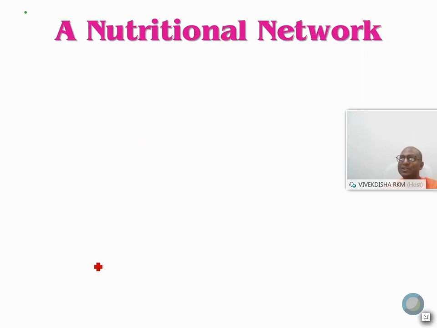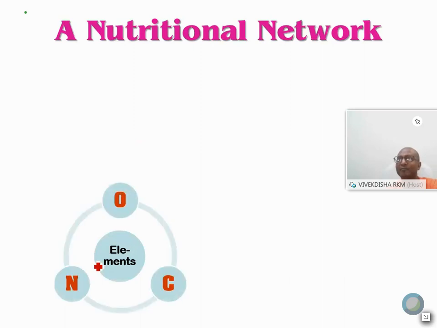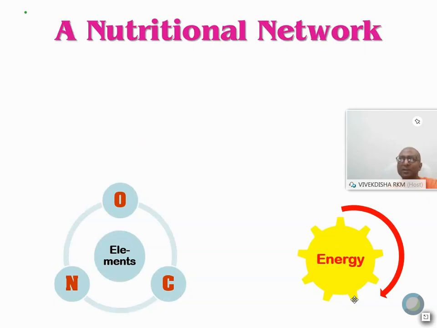Now next is a very important thing. Sometimes it is known as the nutritional network. Nutritional network, it is like a cycle. Two wheels are there. More or less, so to say, one wheel is here and another wheel is there. So two wheels, and from the wheel we would like to understand, here it is mentioned as elements.